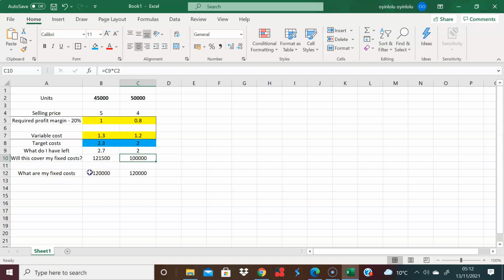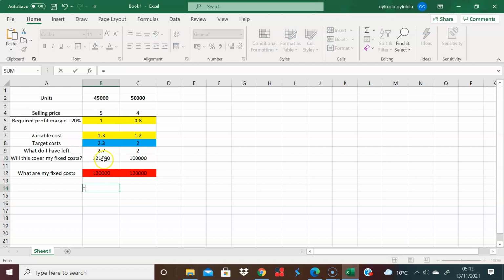But your fixed costs are 120,000. They're not going away. So if your fixed costs are 120,000 here and you're only making 100,000 after covering your variable costs, which you have to cover, and you also want me to give you this margin, I'm just not going to have enough, right? But here at £2.70, I can sell 45,000 units, fewer units but higher price, and get 121,500 and cover my fixed costs.